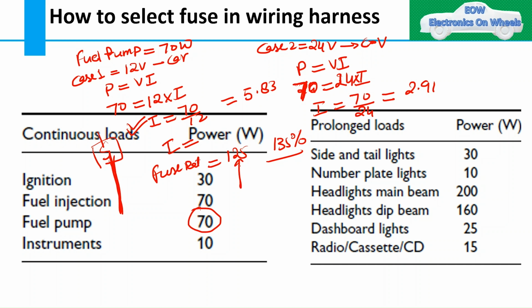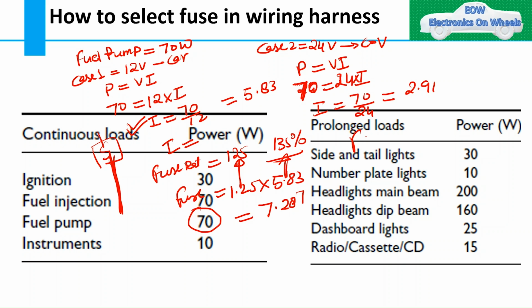Some of the OEMs go with 125, some of the OEMs go with 135 as well. So if I take one example of fuse rating, 1.25 into 5.83 will come around 7.28, right?